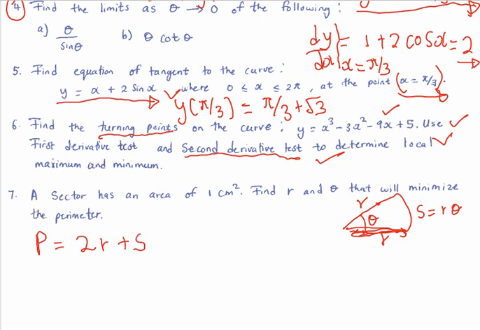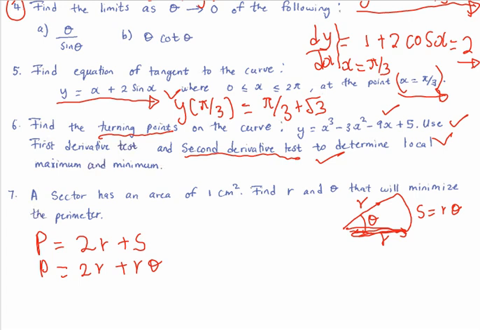Okay, and if you simplify this, you know that our arc length actually is r theta. So what we're gonna do here, since we're gonna need to differentiate the equation, we can't have two variables. We have theta changing, and you have r changing, so we can't have two variables in the expression.